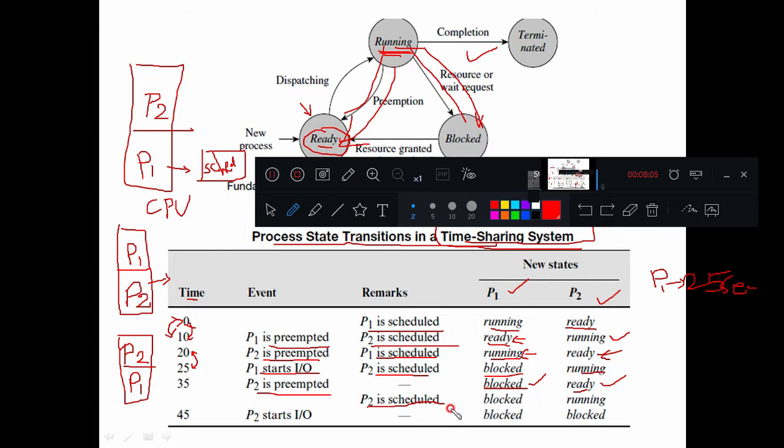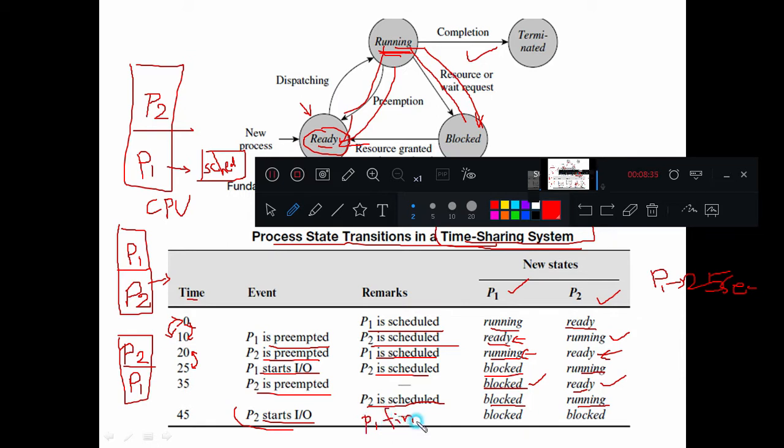Then P2 is scheduled. Again P1 is kept in a block state because it has not yet completed the IO operation, and P2's state will be the running state. And once P2 starts its IO operation, let us assume P1 finishes its IO operation, right?